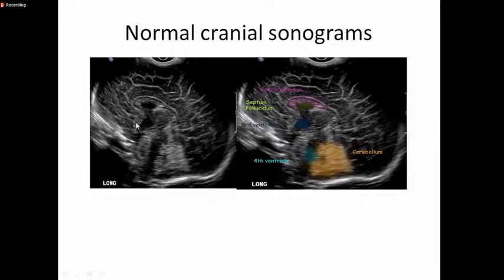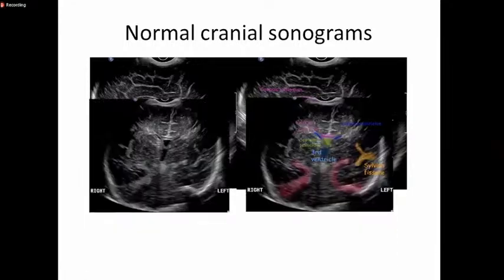This is done at the midline. Here you can see the corpus callosum, and that is the cavum septum pellucidum. You can see the third ventricle, fourth ventricle, cerebellum. You can see the rest of the brain tissue. So if there is any lesion there, it is very easy to see.